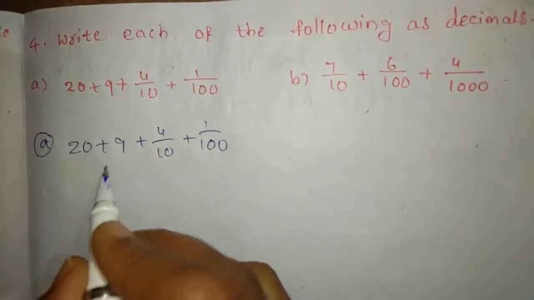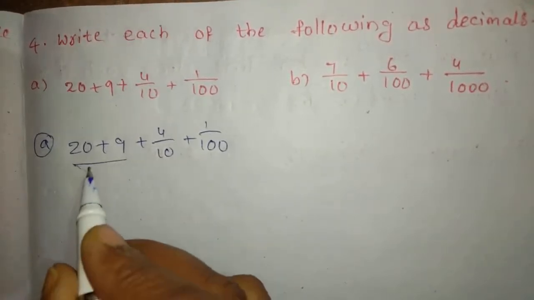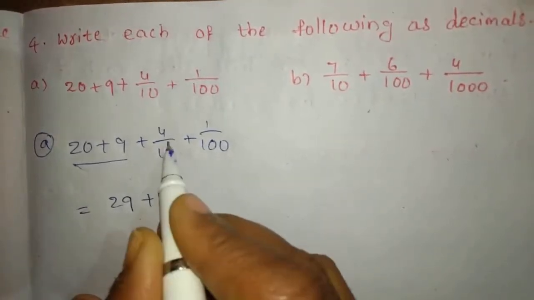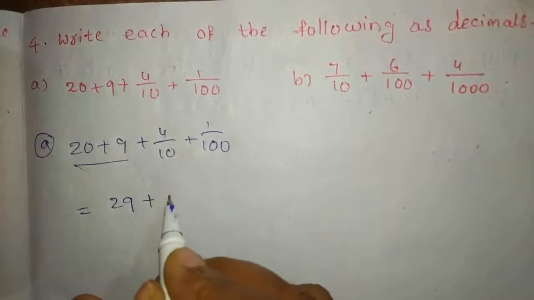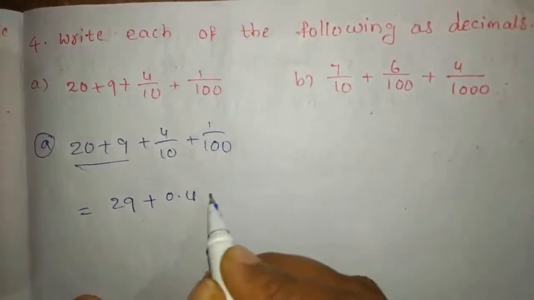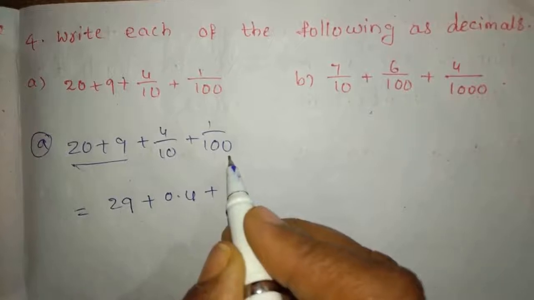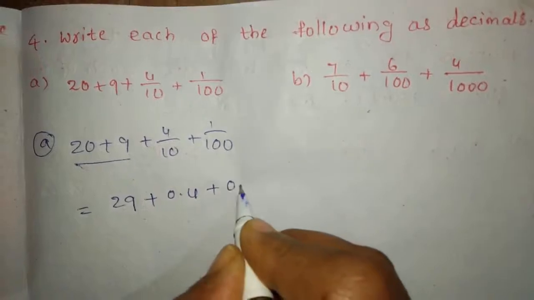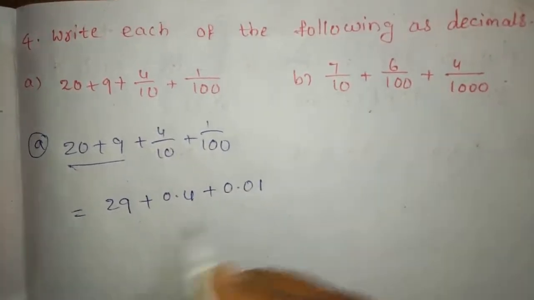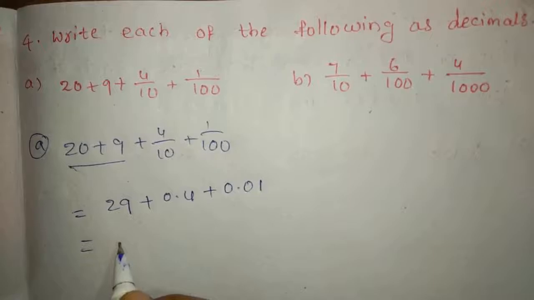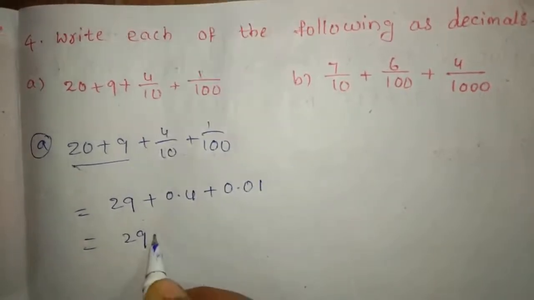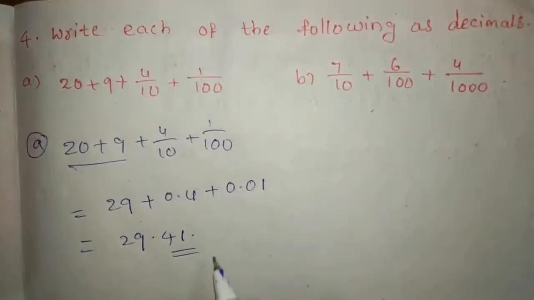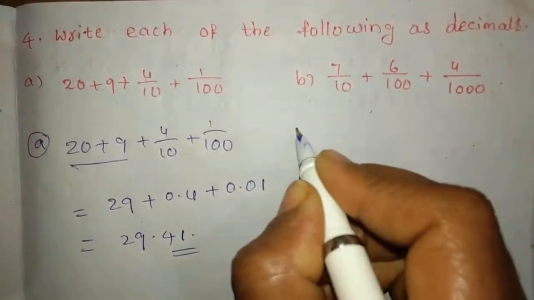In this, these two can be written as 29, plus 4 by 10 means it can be written as 0.4, plus 1 by 100 means in the hundredths place is 1, so we write 0.01. Now again we write this as 29.41.